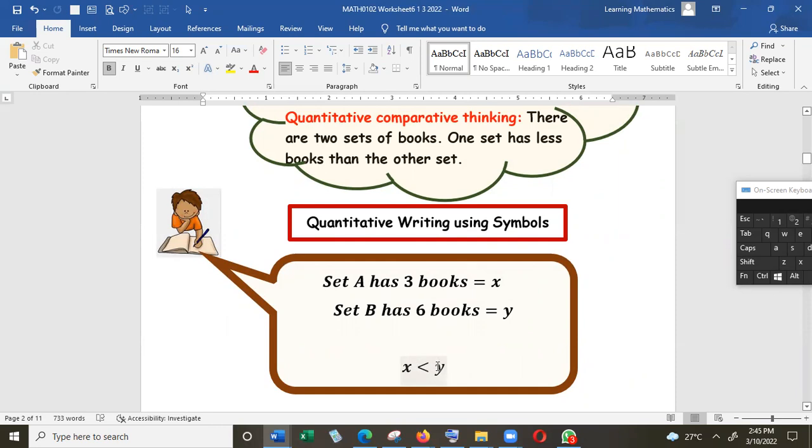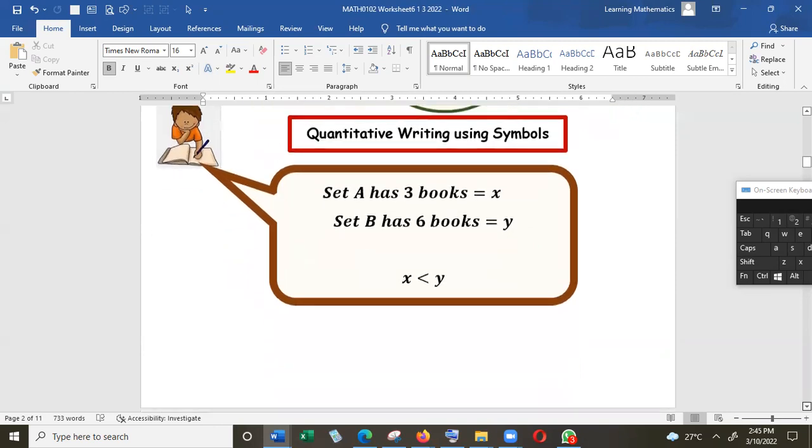But X and Y represent something, a potential real something, in reality. Here X means a set of 3 books, and Y means a set of 6 books. So X less than Y means set X is less than set Y. All right.